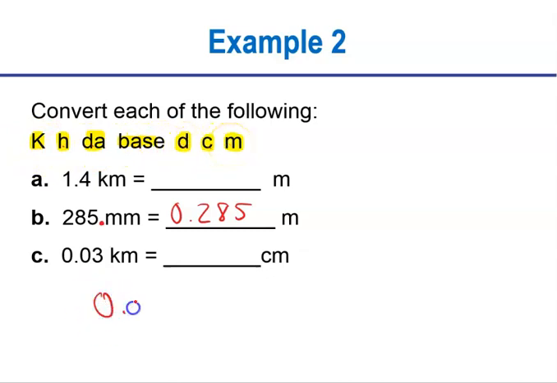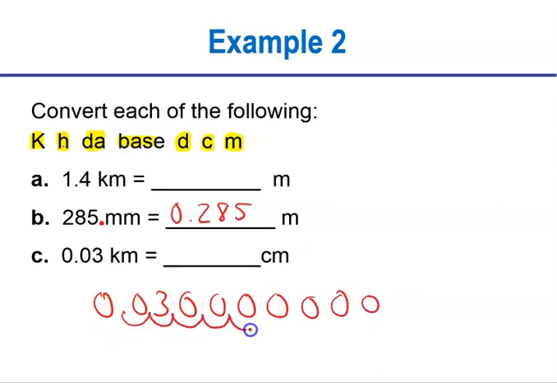So that's 0.03. If you want to, you can just put a whole bunch of zeros over here, right? And count. So 1, 2, 3, 4, 5, 6. So that you don't put the zeros before a number, right? So that's a 3 and 4 zeros, which is 30,000.